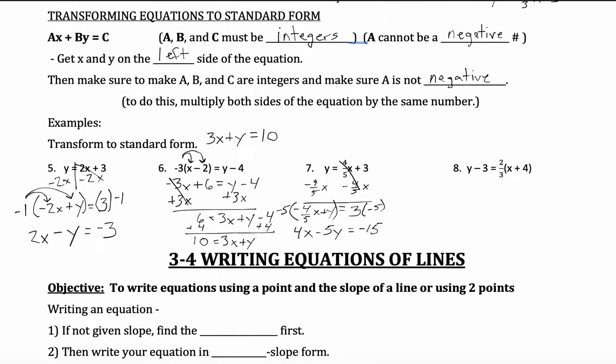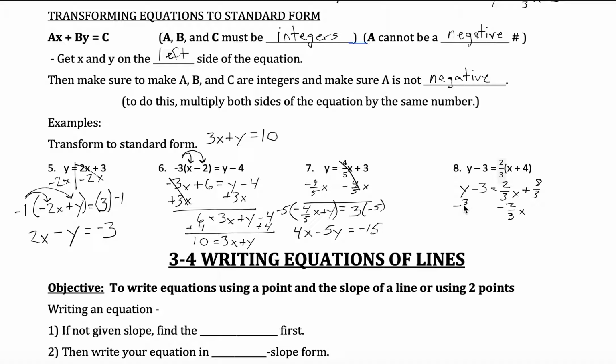Number 8, the first step that we want to take is to get rid of our parentheses. So we want to distribute our 2/3 to the x and to the 4. So we have y minus 3 equals 2/3 x plus 8/3. Then we want to get our x and our y values to the left, so we're going to subtract 2/3 x from both sides.